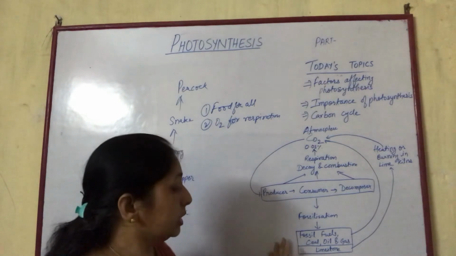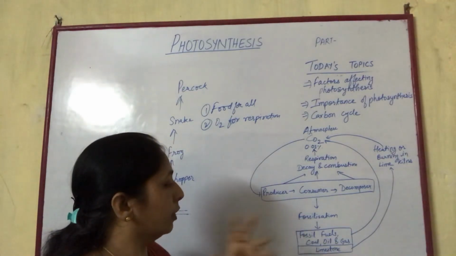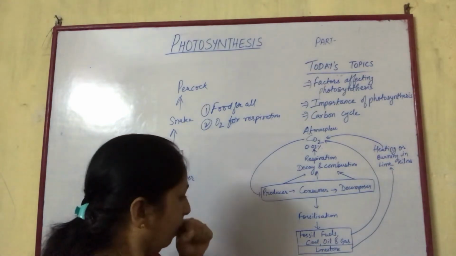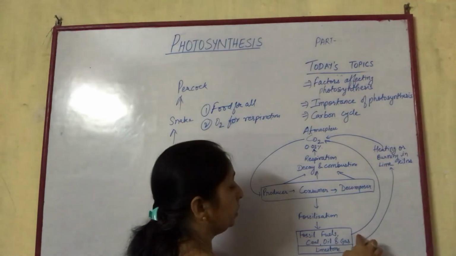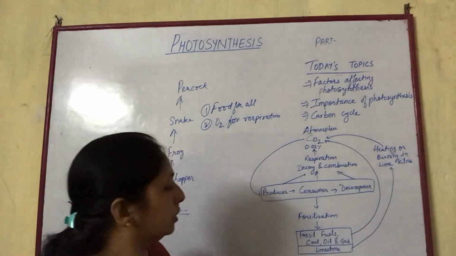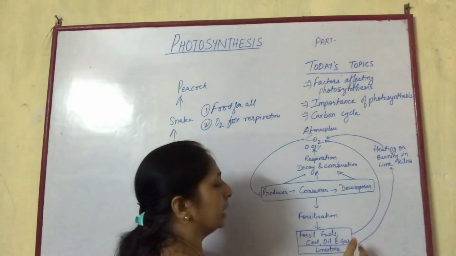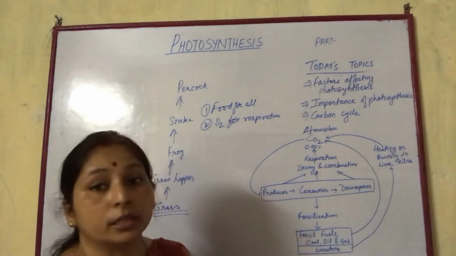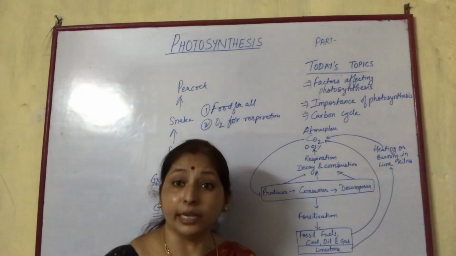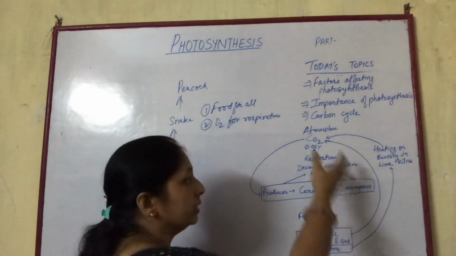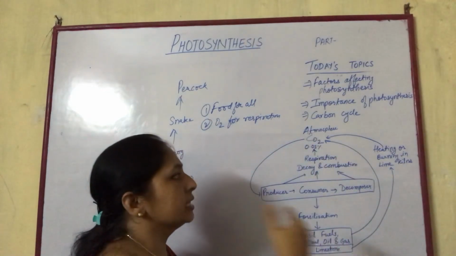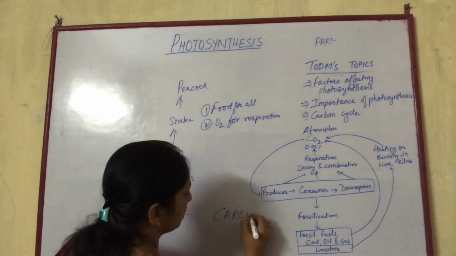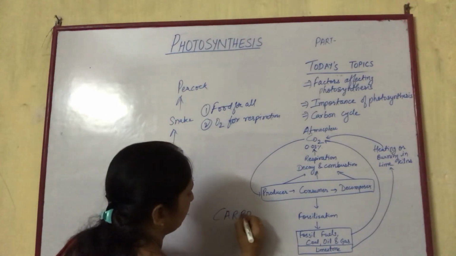This results in formation of fossil fuels like coal, oil and gas. The burning of these fuels, and heating of limestone in the kiln, results in the release of CO2 into the atmosphere, and again this cycle continues. So this is the carbon cycle, how carbon is rotating.